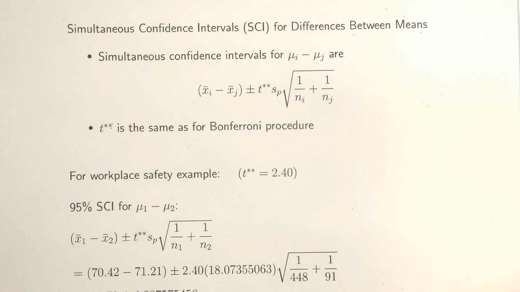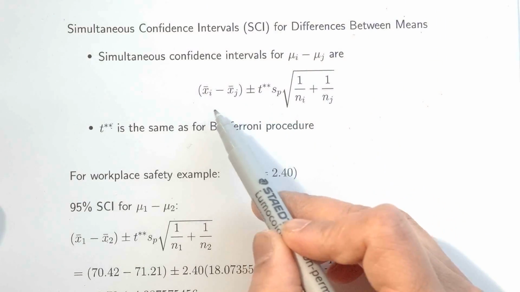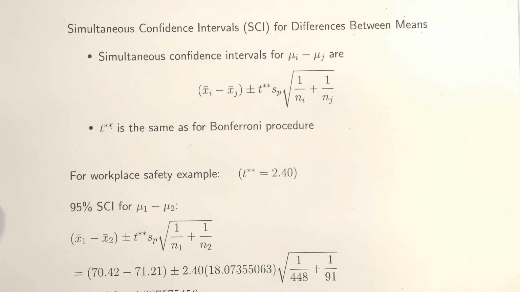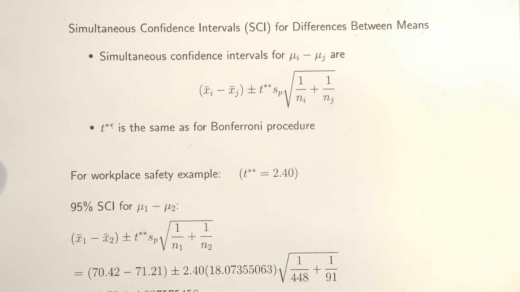So the big difference from, say, using those specific contrasts, is that we are using a T** value instead of T*. In other words, for each confidence interval, we are going to make it a much more stringent confidence level compared to what we were doing before, so that as a family, we have the confidence level we want.